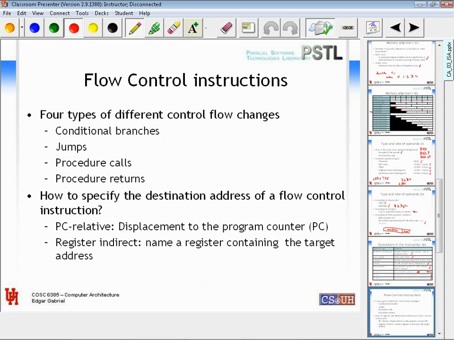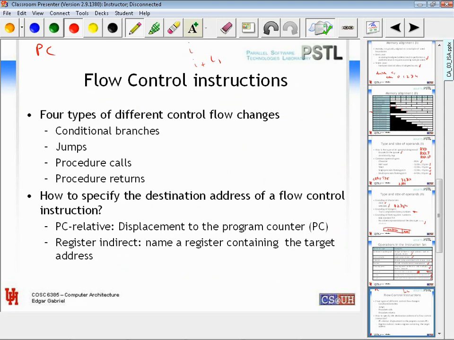An important notion there is the program counter, PC. That's the address of the instruction currently being executed. And what typically happens is, if you think of the address being a 32-bit number, you read the program code at location I, and then you increase I by 4 to read the next instruction from the main memory.